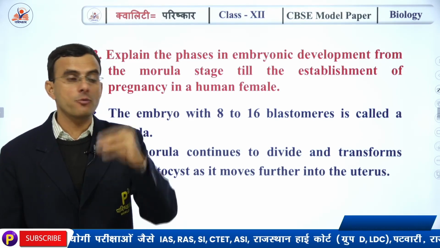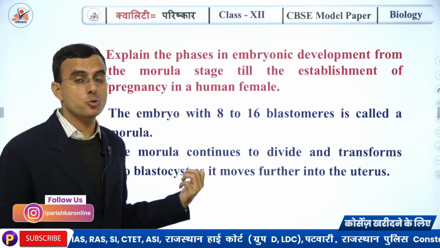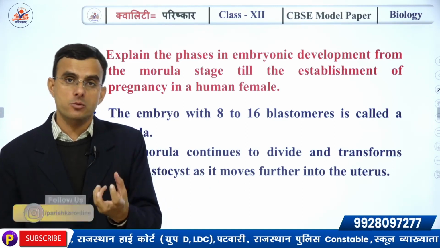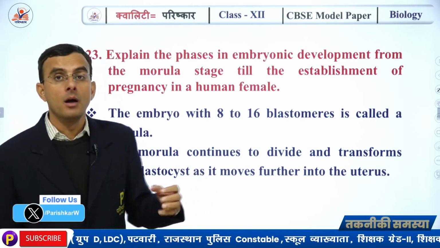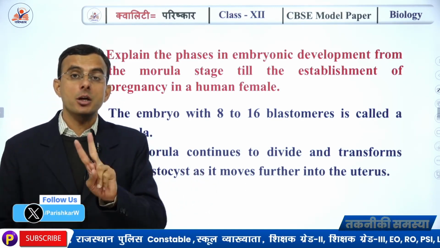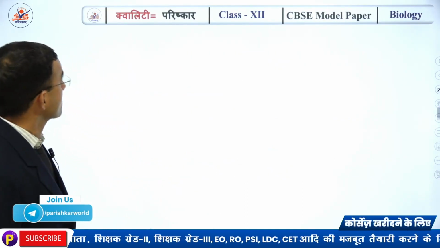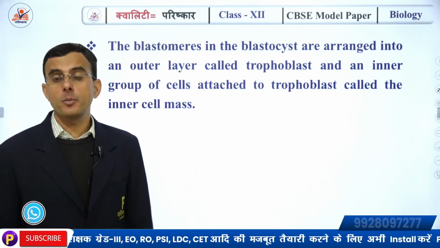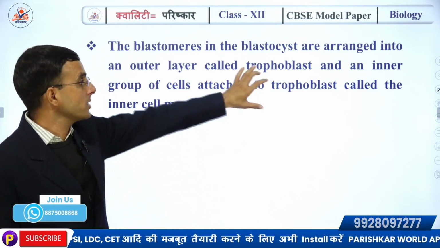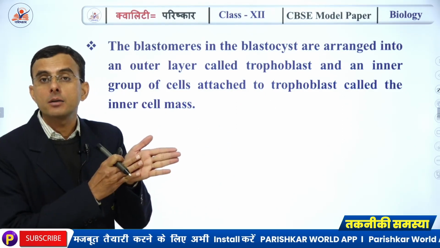The outer layer is known as the trophoblast, and it attaches to the wall of the uterus.